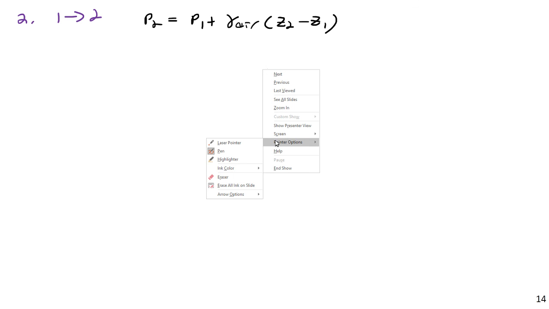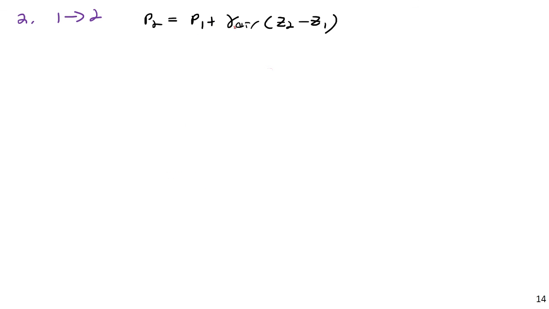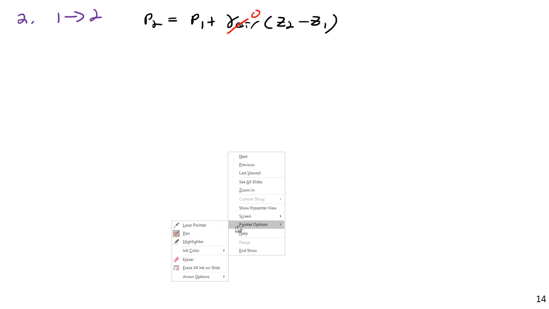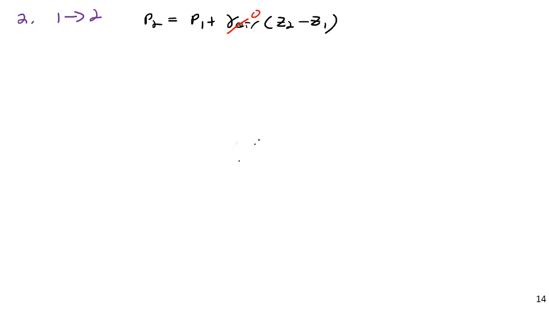However, I can essentially say that gamma air is 0. It basically has a density of 0 compared to the density of water anyway. So this whole term goes away, and therefore P2 is equal to P1, which is equal to PA.